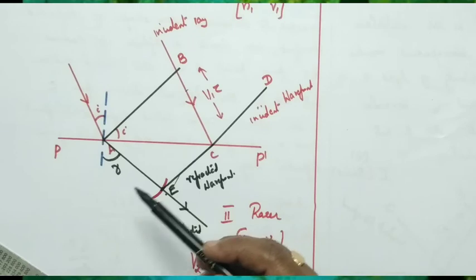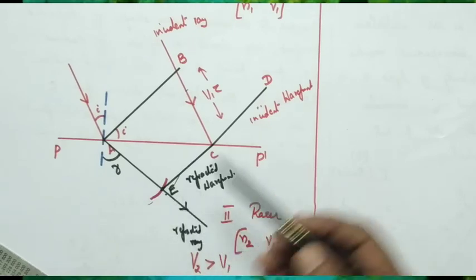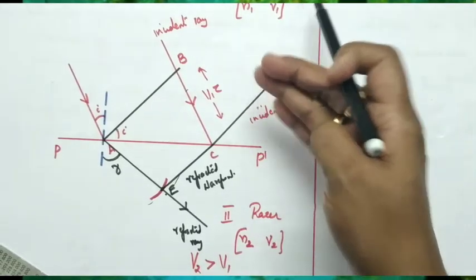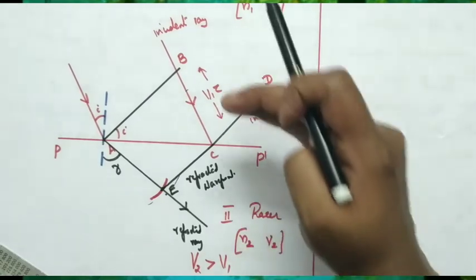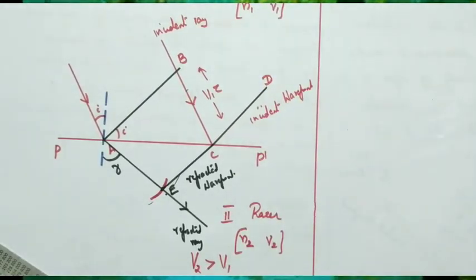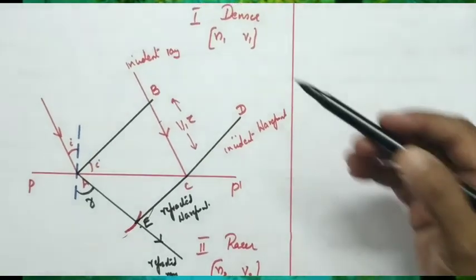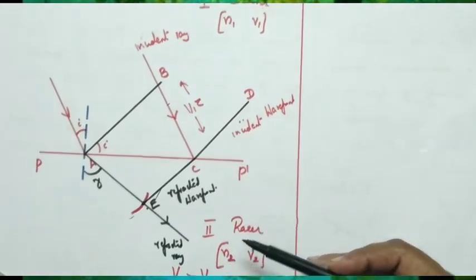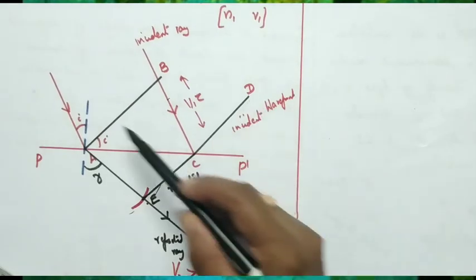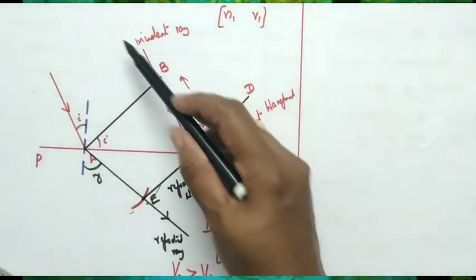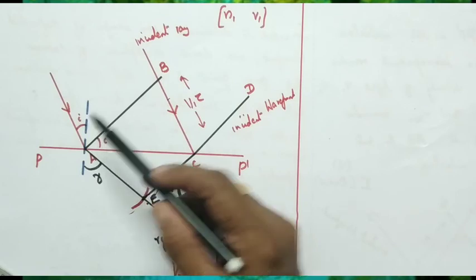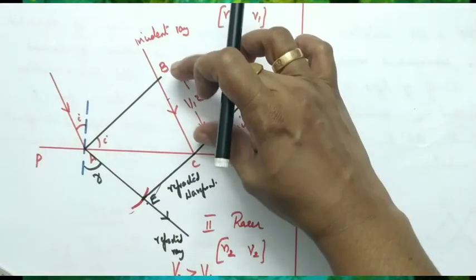Then here also we can prove sin i by sin r equal to n2 by n1. Okay children, so this is the explanation of Huygens principle when a ray of light is travelling from denser medium to rarer medium. First you draw two wavefronts, then you draw two rays, mark the angle of incidence. Let v1 tau be the distance between two incident wavefronts.